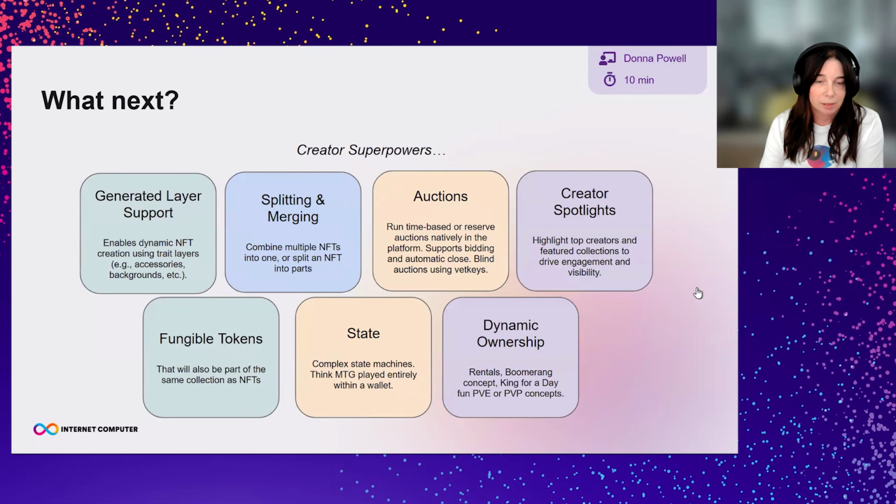or split it apart. We're pretty far along with auctions, so we can have runtime based or reserve auctions, and they're just natively supported. They're built into the NFT, and we can do blind auctions using vet keys.